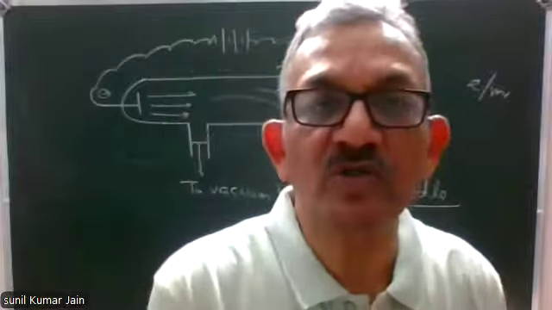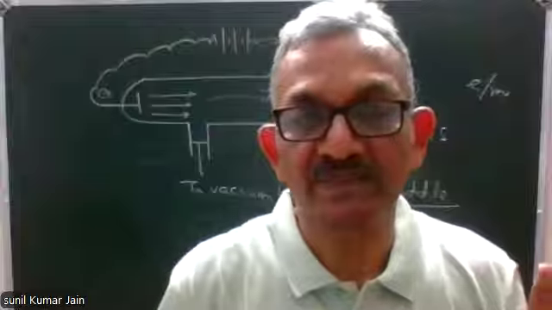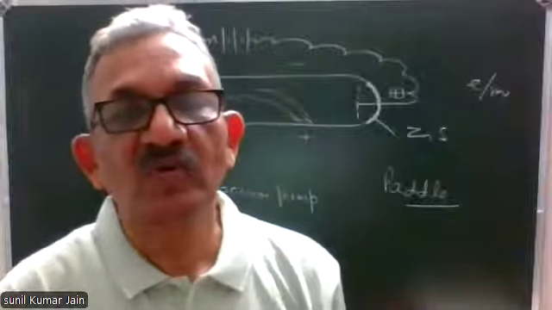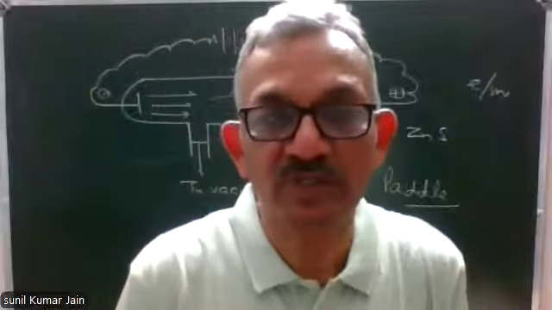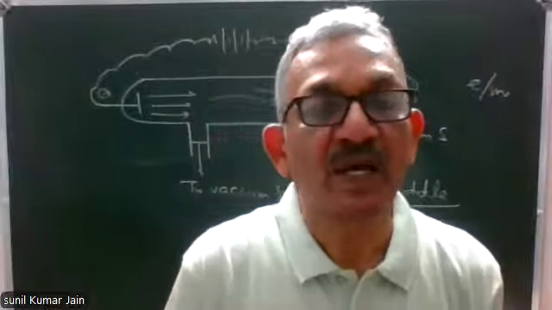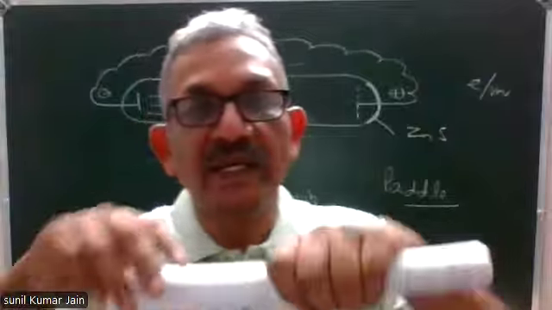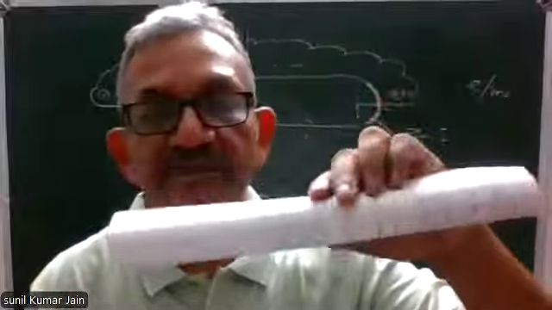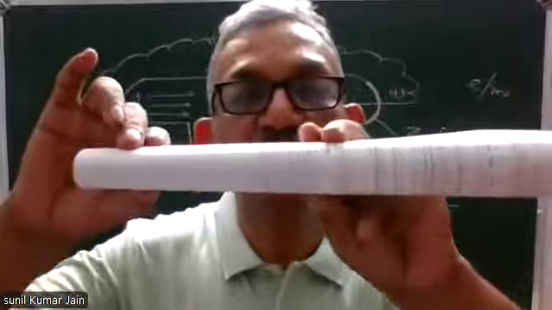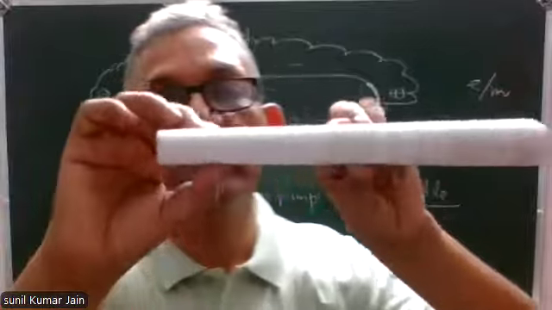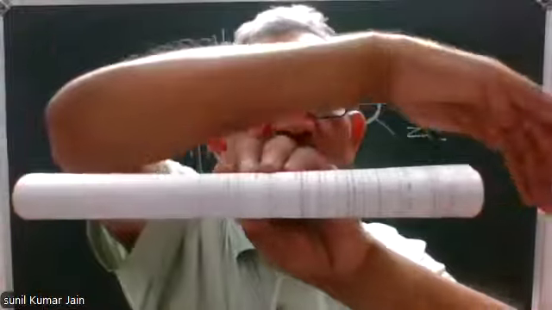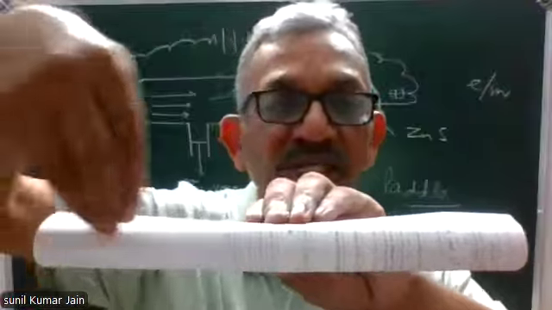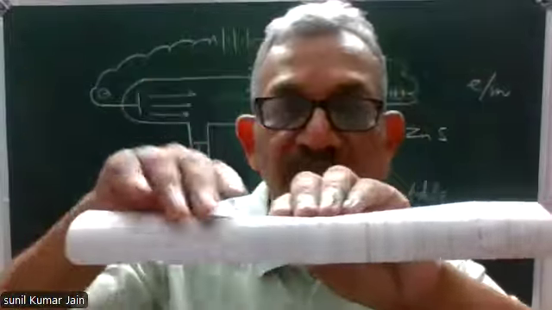See, charge to mass ratio of any particle, not only electron, was calculated by J.J. Thomson. What he did, let us see. Look here. Let us say this is the cathode ray tube. Cathode is here, anode is this side. Electrons, that is cathode rays, are produced and they are traveling in this direction.